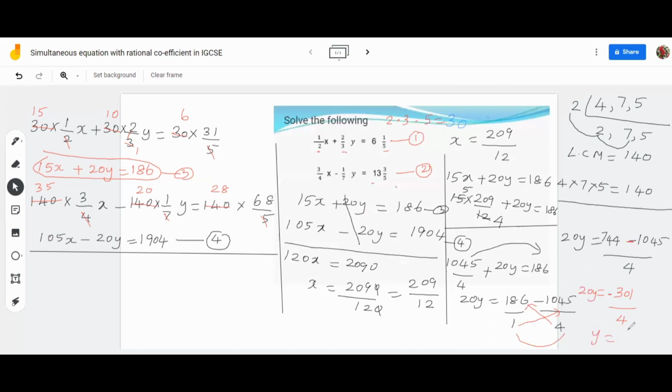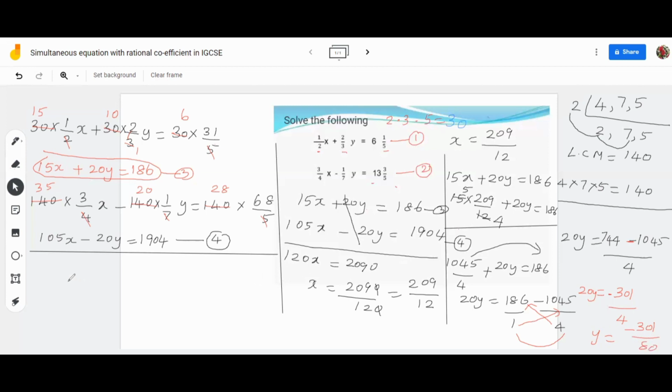What about y? y equals minus 301 over, see, as I said before, 20y means 20 times y. When you shift 20 to the other side, 20 can be multiplied with 4, right? 4 times 20 is 80.